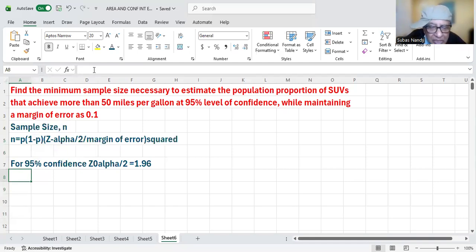1.96. P is an estimate of population, so P is equal to population proportion.